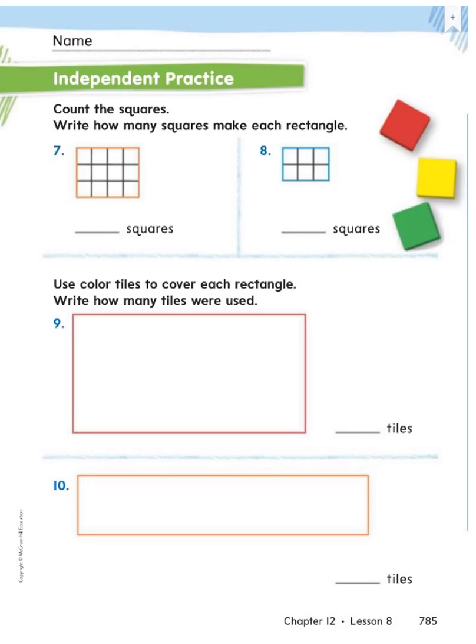So for number 7 and 8, you're doing the same thing that you just did. Now look at 9 and 10. It says use color tiles to cover each rectangle. Write how many tiles were used. Now we can't do this because I can't put the tiles into your hands right now. So just look at number 9. There's a rectangle, and my squares are not going to perfectly fit in there.